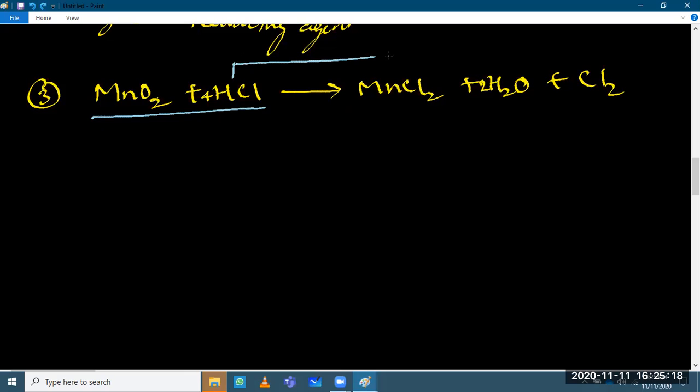HCl, hydrogen chloride, finally gets converted into Cl2 gas. That means removal of hydrogen is taking place. Addition of oxygen or removal of hydrogen is called oxidation. This is the oxidation process.